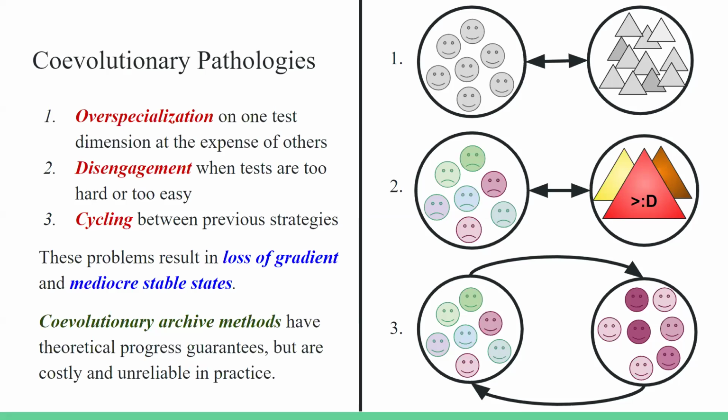This results in loss of gradient and stable states. There are archive methods that have theoretical guarantees, but they're very costly and unreliable in practice, sometimes requiring infinite space.